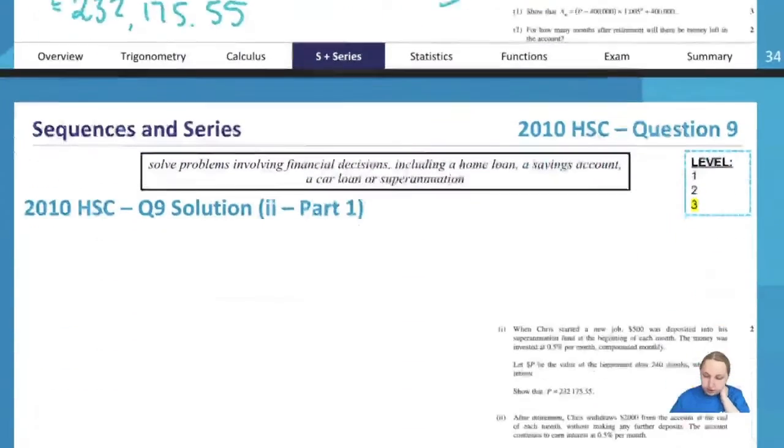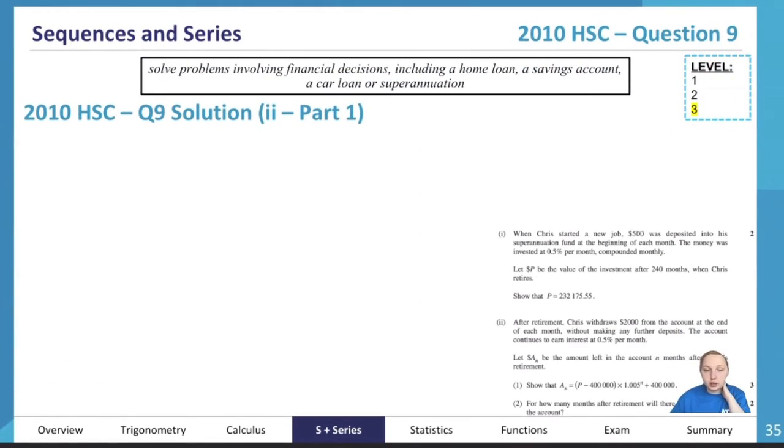Okay. So then looking at part 2, part 1, what we want to show is that A_N equals (P minus 400,000) times 1.005 to the N plus 400,000 when he is taking out money, where A_N is the amount left in the account after N months.